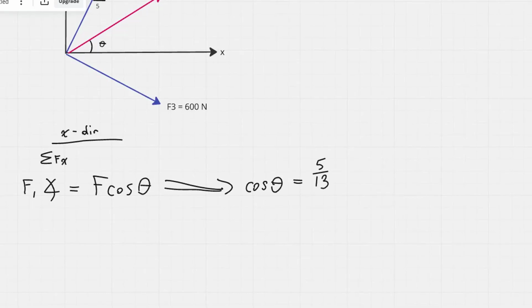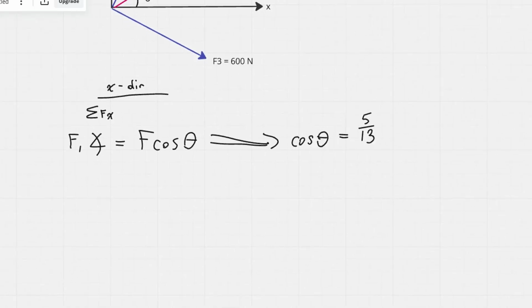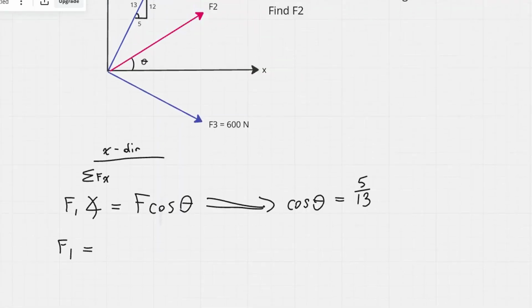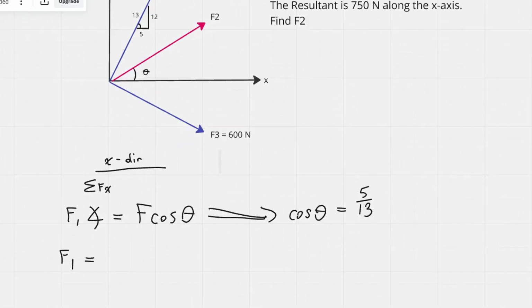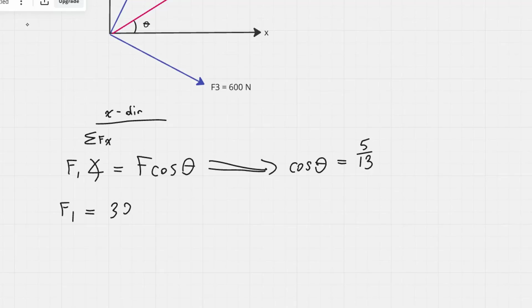And so given that, we can just write F1 as equal to our F, which in this case is 325 newtons, right, given up there. So we can say 325 times cosine theta, which is 5/13.